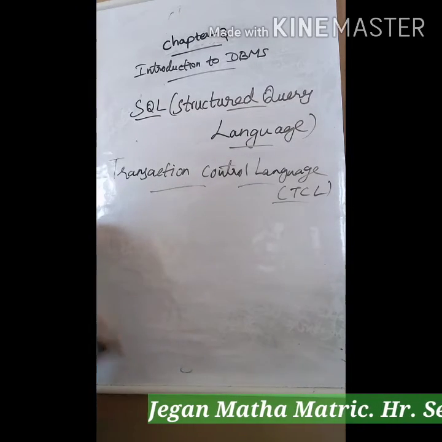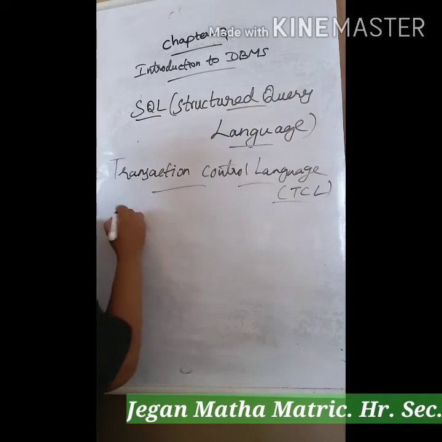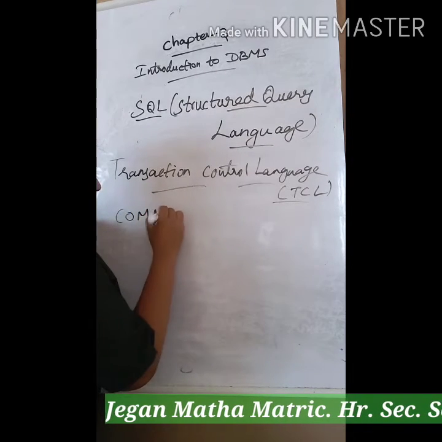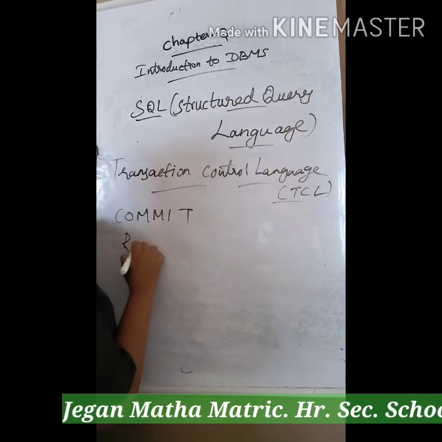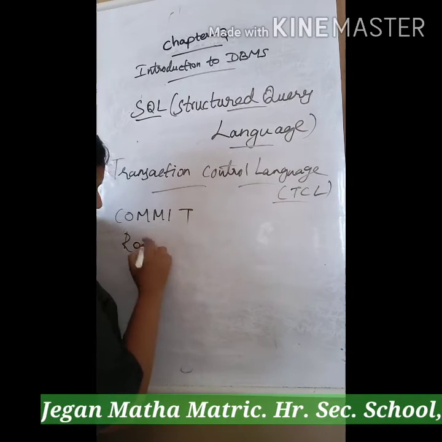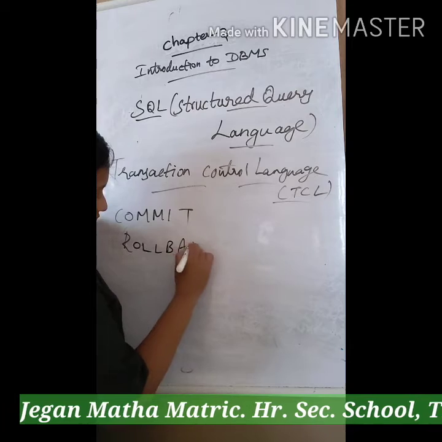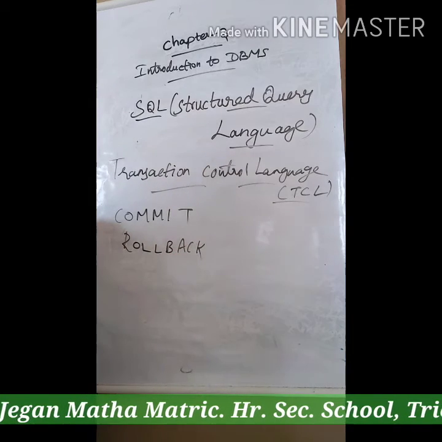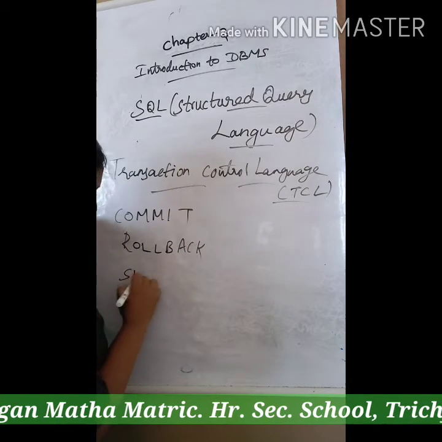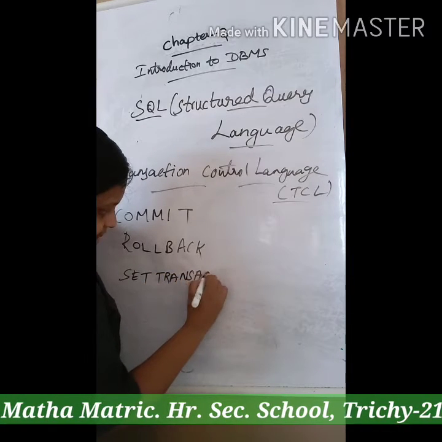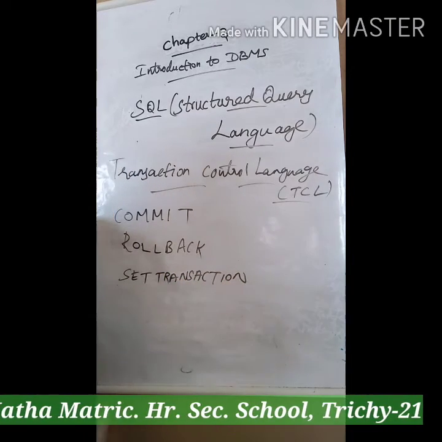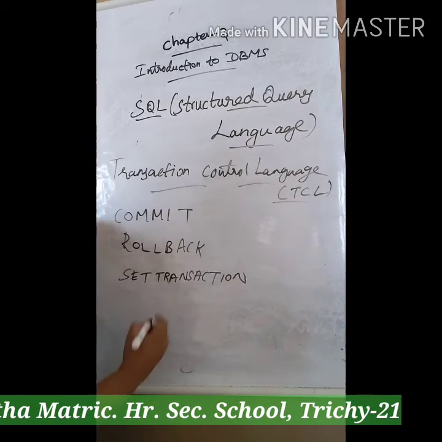It has four commands: commit, the second one is rollback, the third one is set transaction, and the fourth one is savepoint.